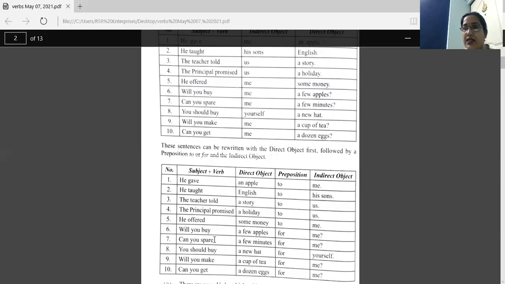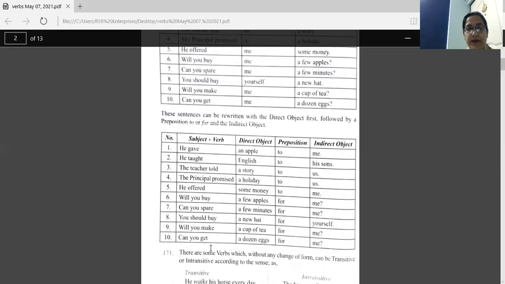And your sentence in the above table was, will you buy me a few apples? Can you spare a few minutes for me? You should buy a new hat for yourself. Will you make a cup of tea for me? Can you get a dozen eggs for me?